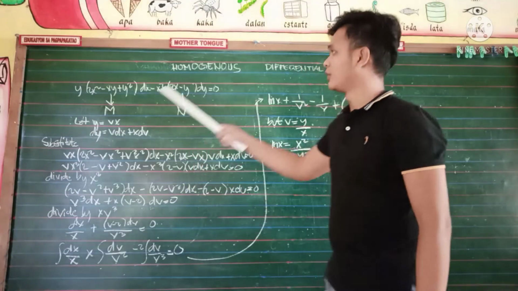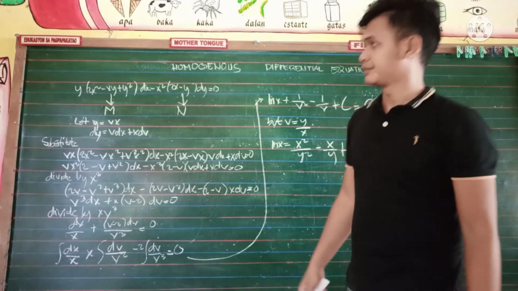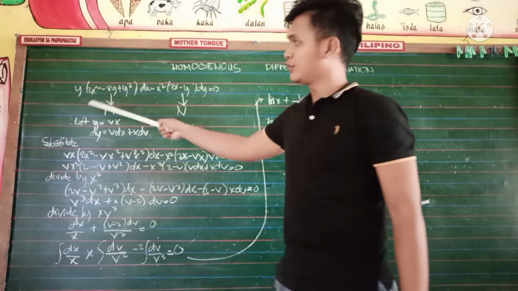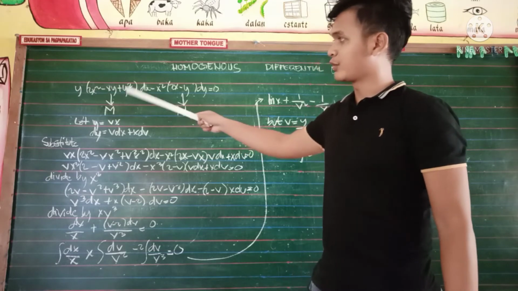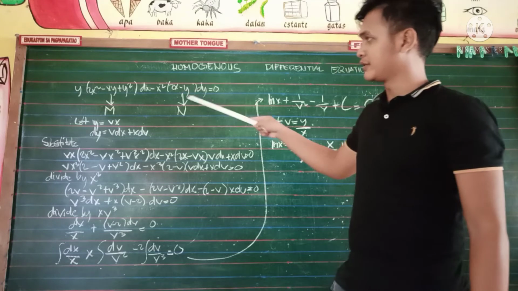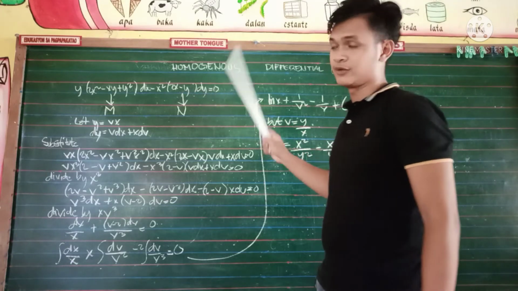This is another example of a homogeneous differential equation. The equation is (2x squared minus xy plus y squared) dx minus x squared (2x minus y) dy equal to 0.